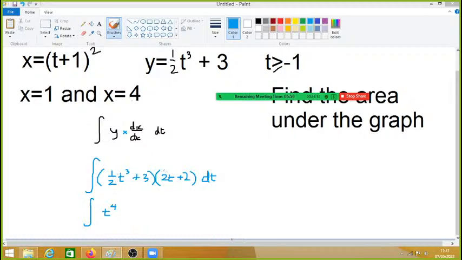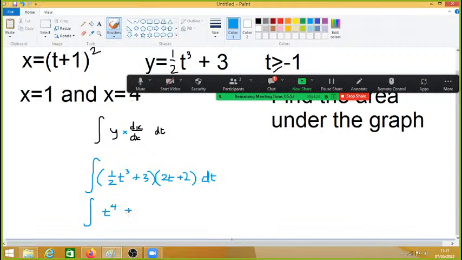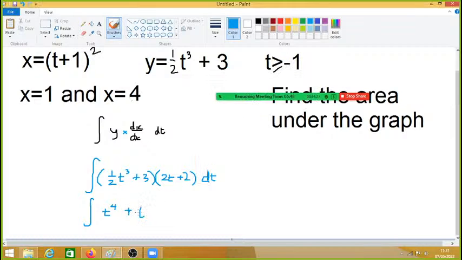So I times the first bits, that's t to the power 4. Good, and now that's good. That's fully expanded, fully simplified. Now that is ready to integrate. It wasn't ready to integrate before. It was too complicated. So here, now you are ready to integrate.